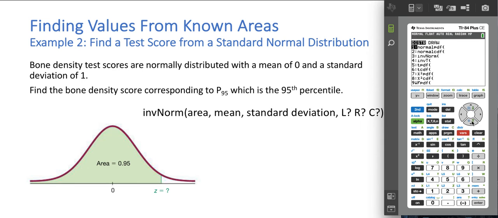The only difference is when we're using this inverse normal, the area is 0.95, but remember we have a standard distribution here. So in this standard distribution, the mean is 0, and the standard deviation is 1. Still need to put the area to the left.